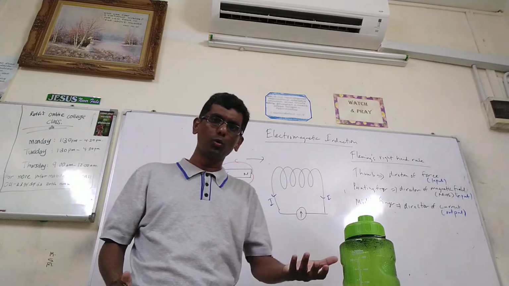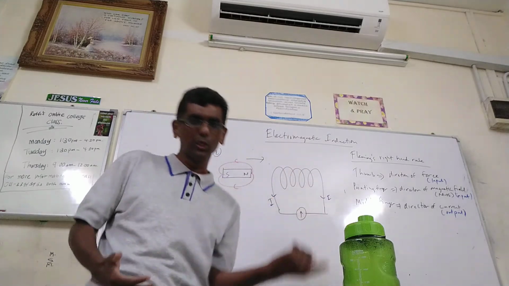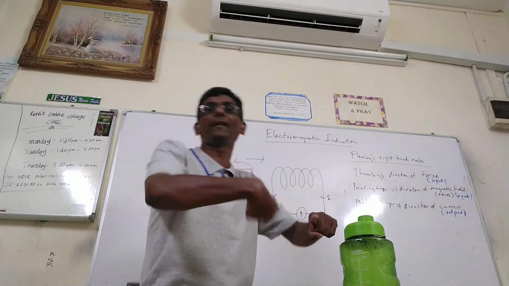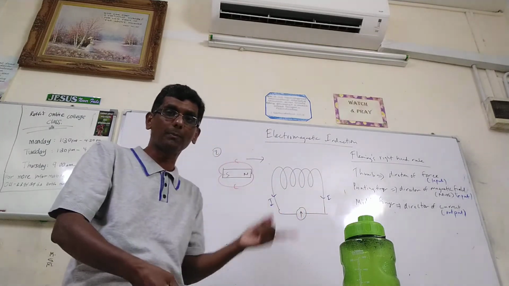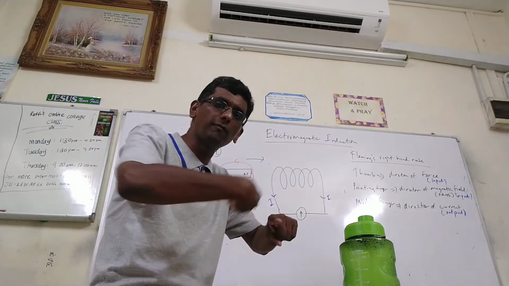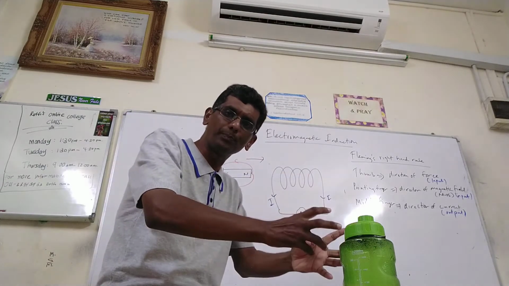For the motor rule, Fleming's left hand rule, you supply current and produce force or rotation, the fan for example. You supply the current and produce the force, the rotation. That is called Fleming's left hand rule.